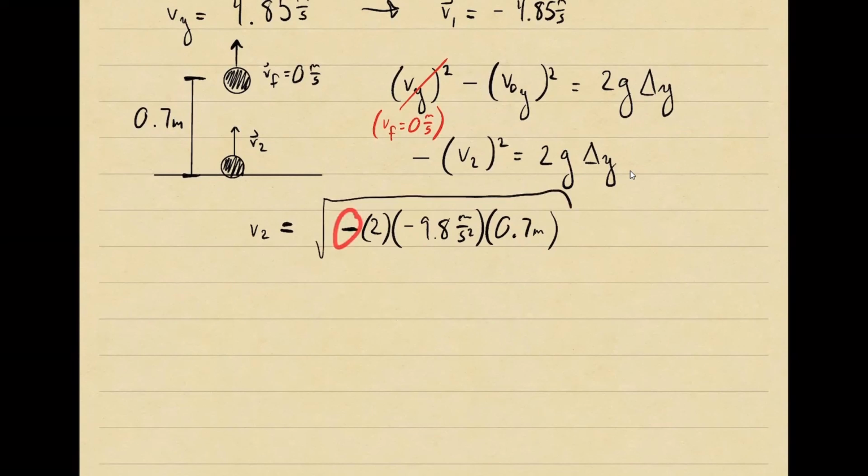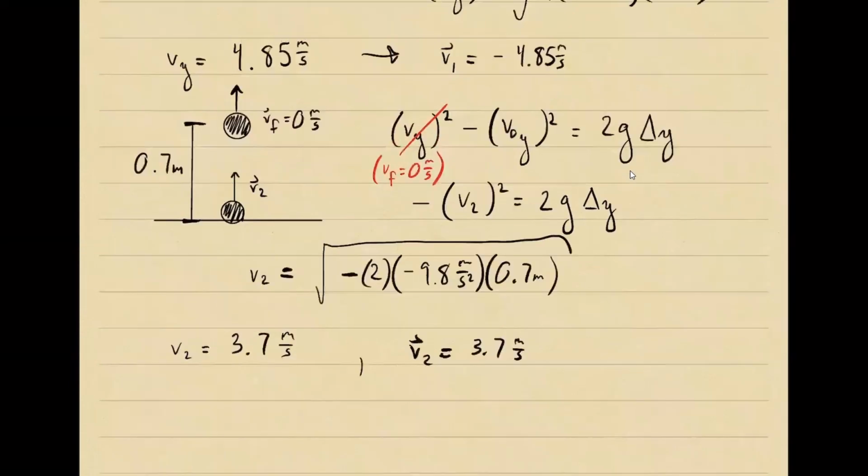So this minus sign is going to cancel with this minus sign. And we get the magnitude for v2, our rebounding velocity. That's going to be 3.7 meters per second. And in fact, in vector form, since it's moving upwards, it's basically the same thing, where the fact that this is a positive number indicates that it's moving upwards.